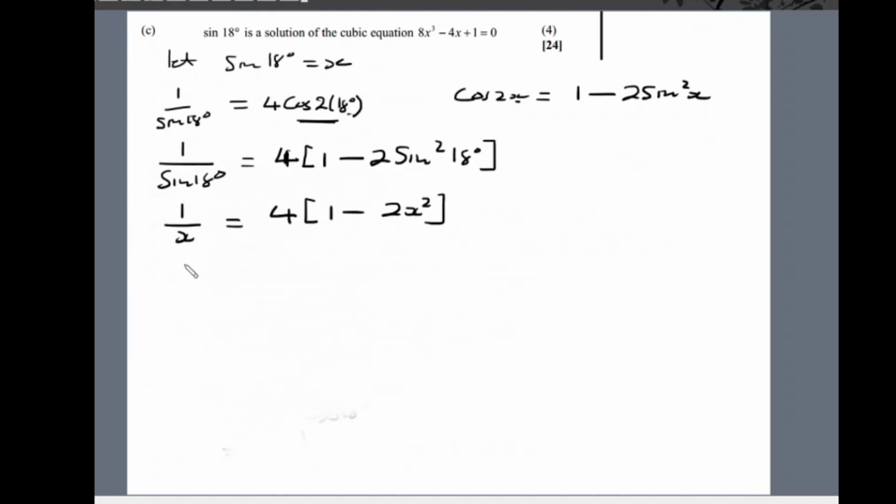And then cross multiplying, we have 1 over x equal to 4 minus 8x squared, and then cross multiplying, we'll have 1 equal to 4x minus 8x cubed, and then rearranging you can get to this equation.